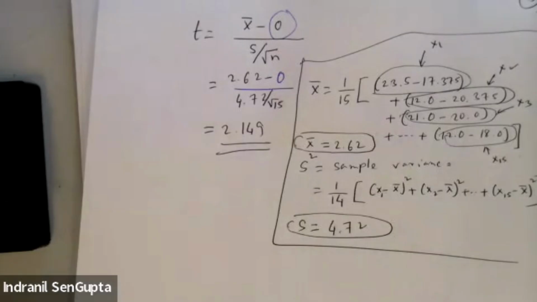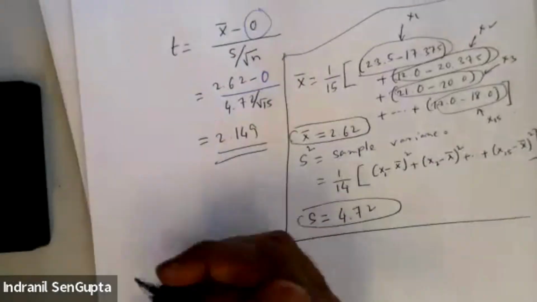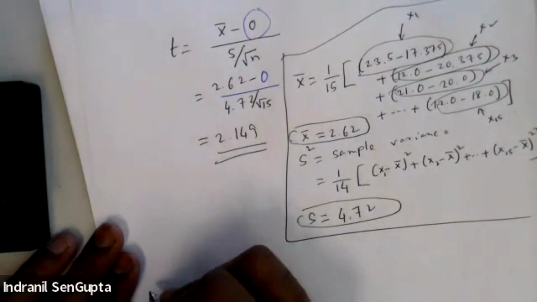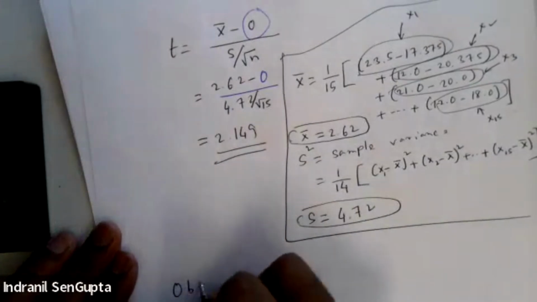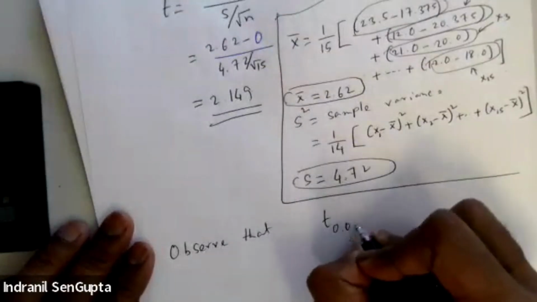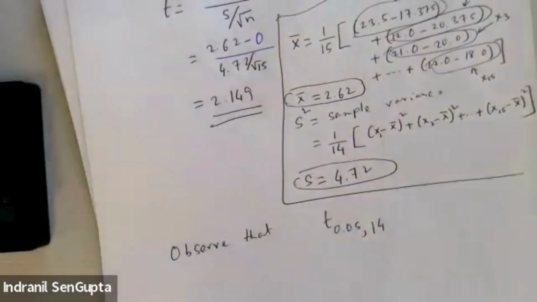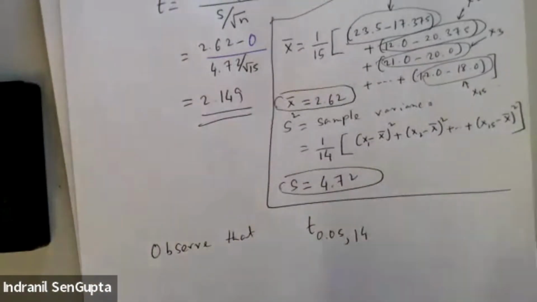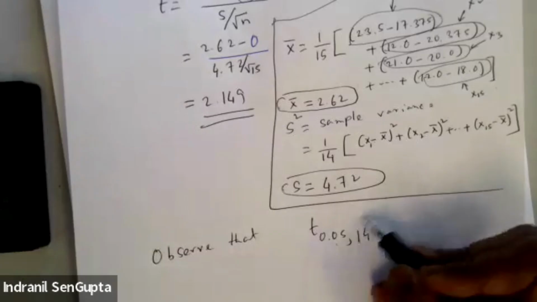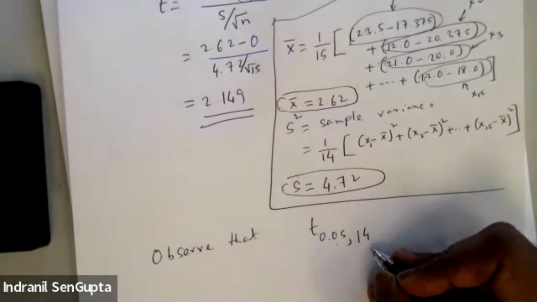Now, observe that if we have t of 0.05, 14, this is the value of the test statistic, so that means the confidence level is 5%, and the degrees of freedom is 14.